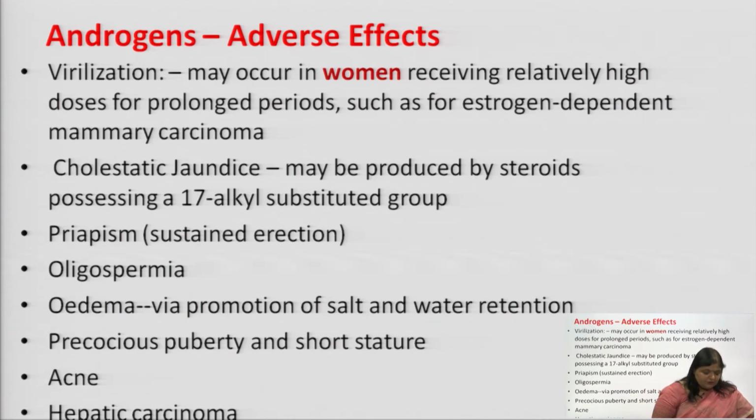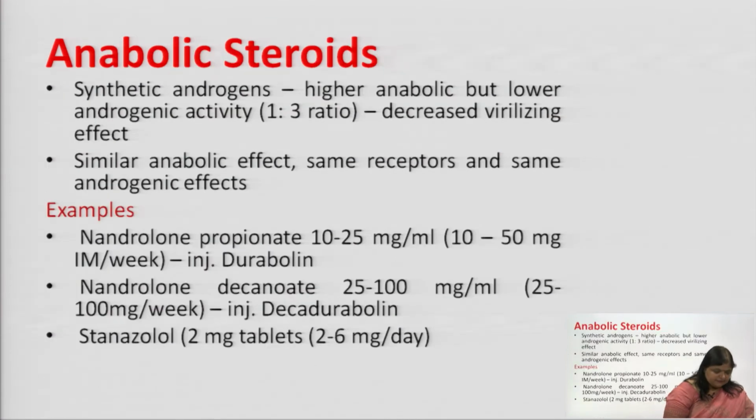It can also lead to precocious puberty, early onset of puberty, which can lead to short stature because estradiol leads to the fusion of the epiphysis. Then it leads to severe acne, and in severe cases it can also lead to hepatic carcinoma, that is liver cancer.